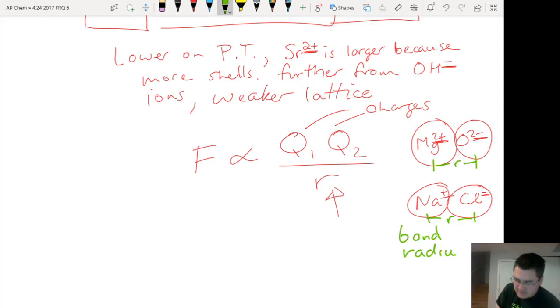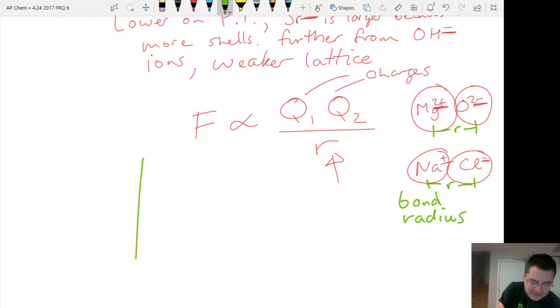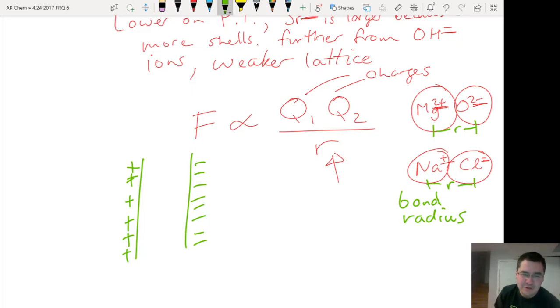Coulomb's law could also work not necessarily for atoms, but it's how a lot of things, capacitors or magnets, work. If you have a positive region and a negative region separated, there's some attraction there, and the attraction also depends on this distance r.